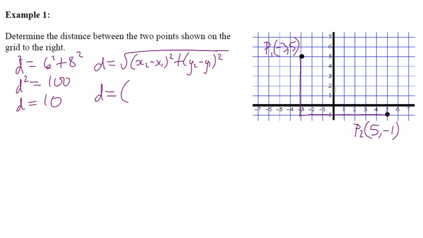Once you name the points, then they stay. Okay, so you're going to go 5 minus negative 3, so it's the square root of (5 minus negative 3) squared plus (negative 1 minus 5) squared.